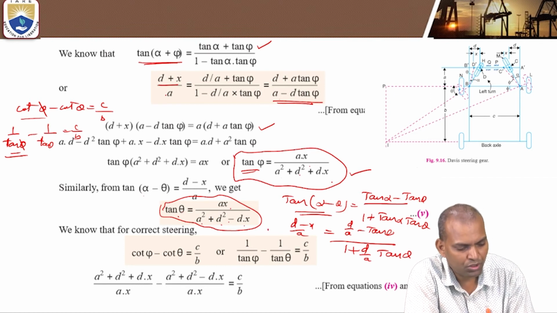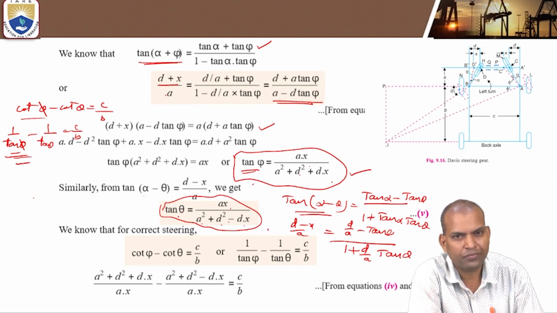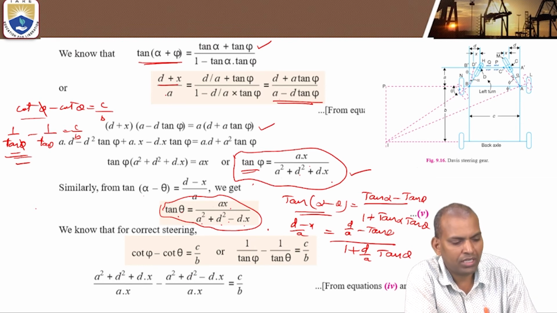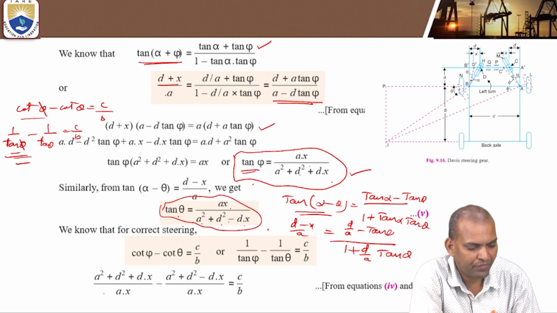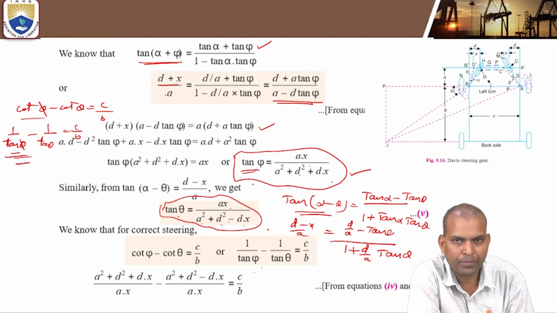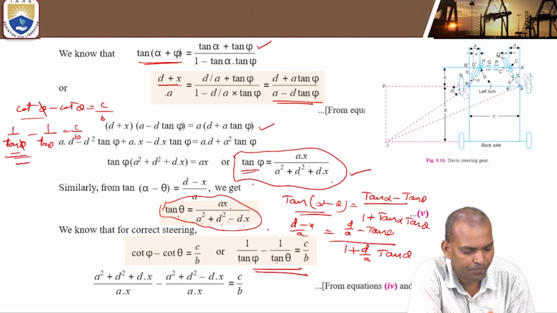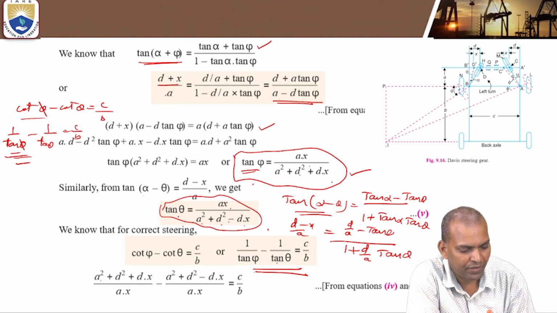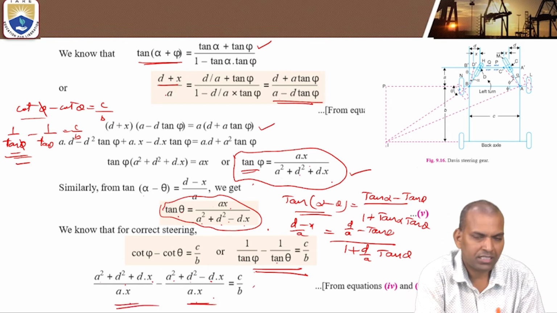Now, substitute these two values in the condition for correct steering. Then we can simplify. Now substitute here 1 by tan phi minus 1 by tan theta equals C by B. Again, that is a square plus d square plus dx by ax minus a square plus d square minus dx by ax equals C by B. Now ax is common.